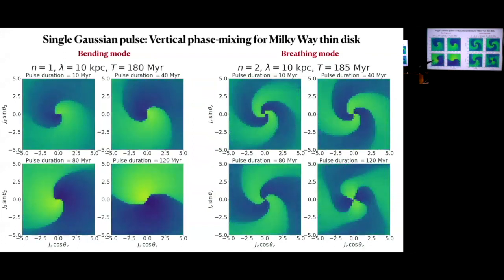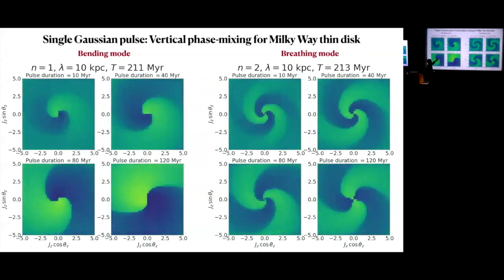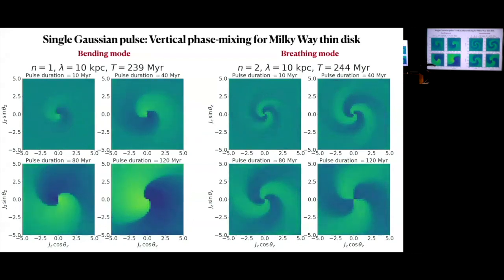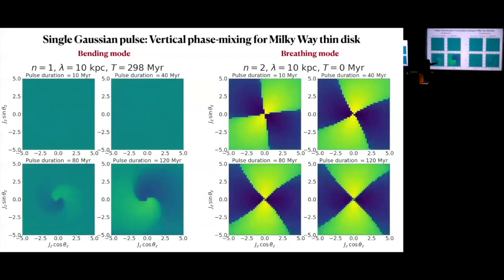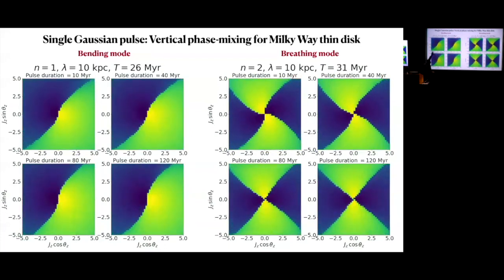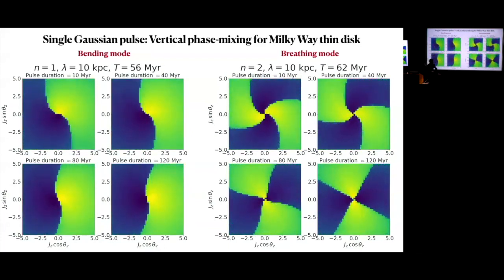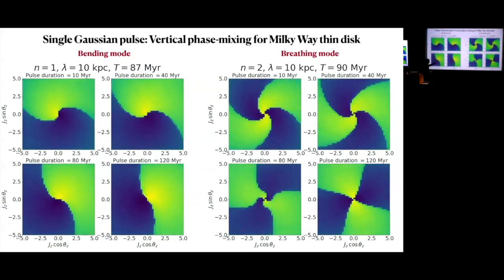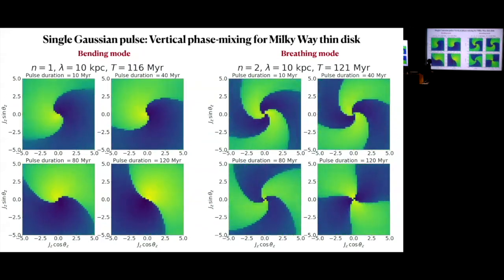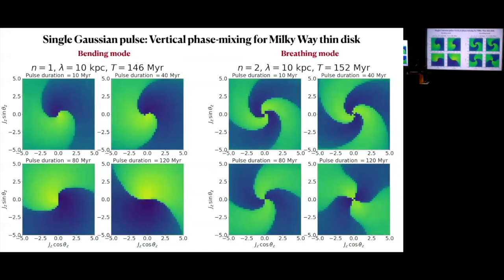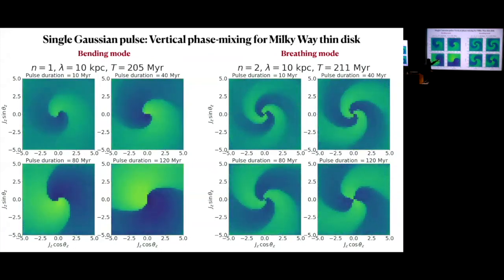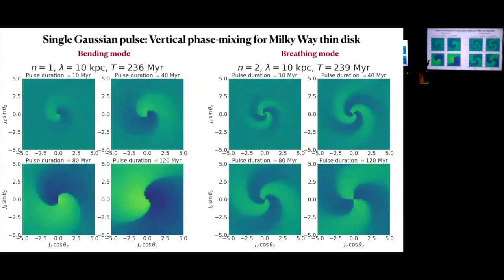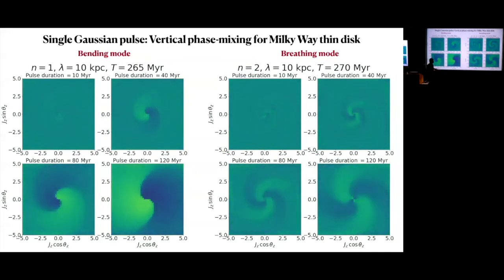And the fading out of the perturbation due to phase mixing in the horizontal direction on the plane, that rate also depends on the duration of the pulse. For a fast pulse, the damping happens much faster, and for a slower pulse, it happens much more slowly. So this tells us that we can put some constraints on the time scale of the perturbation or the pulse, given that we observe a snail with a certain winding rate and a certain fading rate.